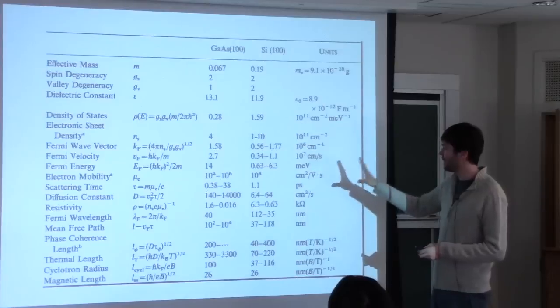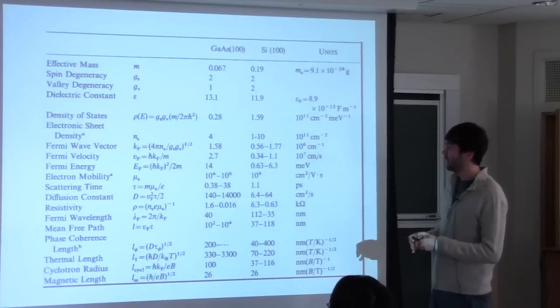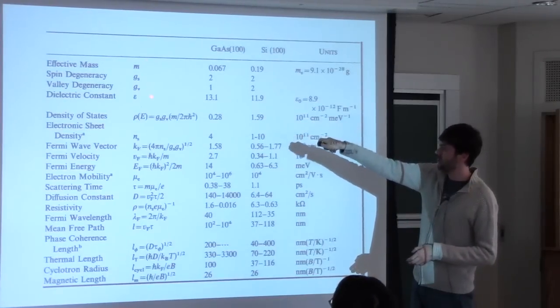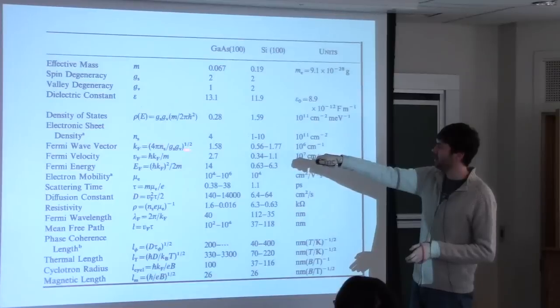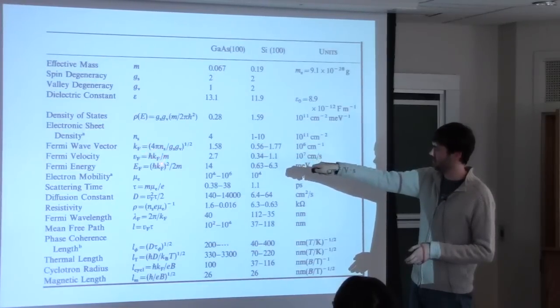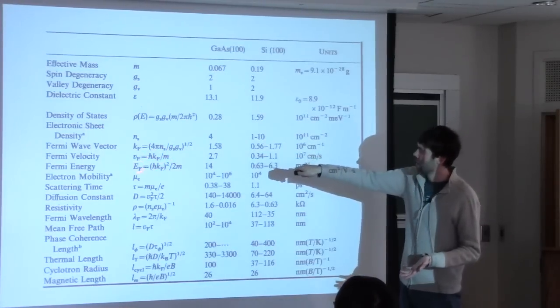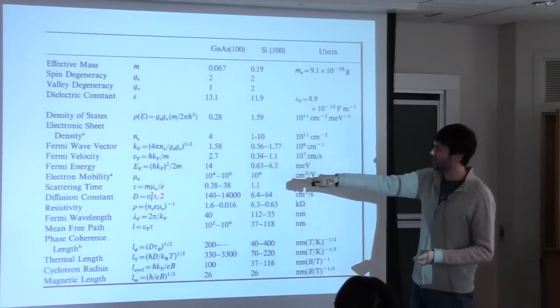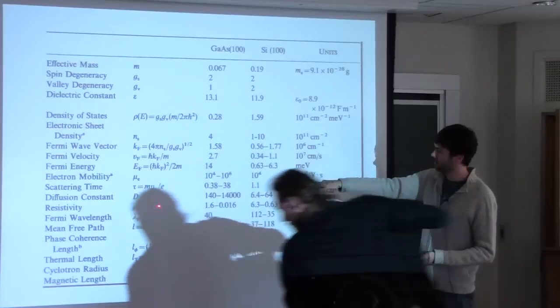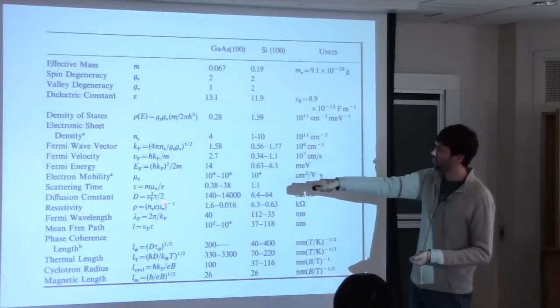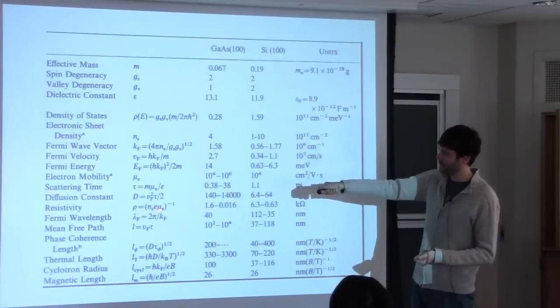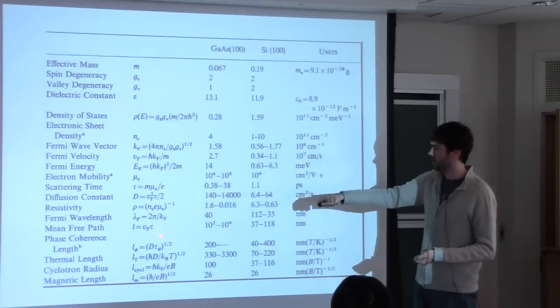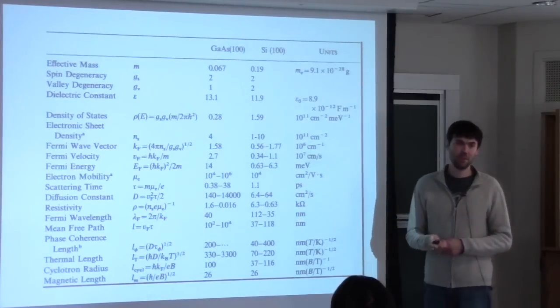But I find this extremely useful because it has all these quantities that we discussed today and their interrelationships, from the simple ones, like how the Fermi energy is related to the Fermi momentum, to scattering time, diffusion constant, resistivity. If you know the resistivity from your measurement, how can you extract the mobility and the density, etc. So this is just a recommendation.